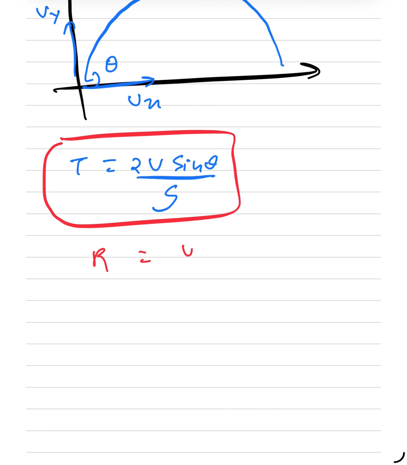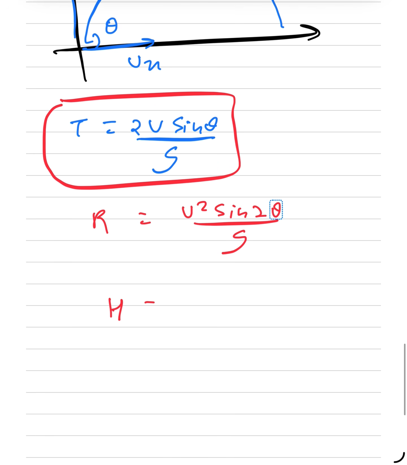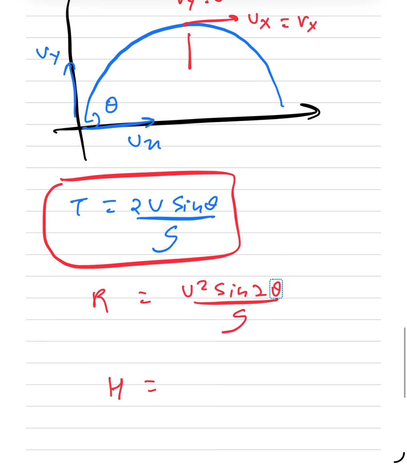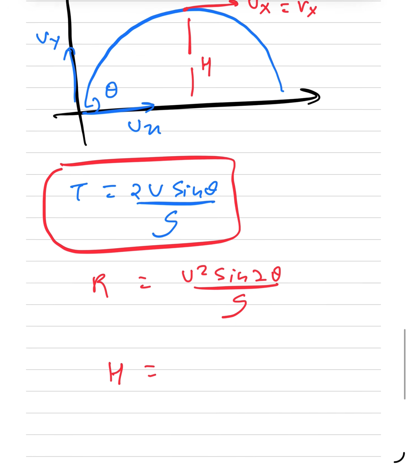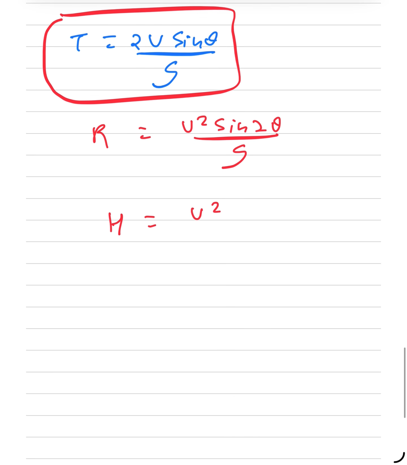This is the time of flight, and horizontal range R equals u square sin 2 theta divided by g, and height of projection, meaning u square sin square theta divided by 2g.